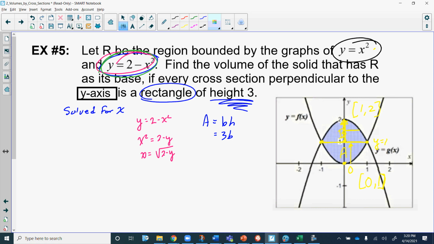We actually had 2 graphs here, so I need to solve that one in terms of x also. So let's go ahead and do that. We have y equals x squared, so that means y would be equal to plus or minus the square root of x. This is going to be a base of the rectangle, and this is going to be a base of the rectangle. We just need to make sure we know which one goes where.